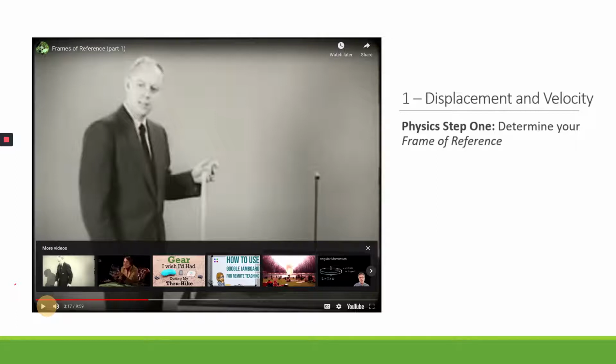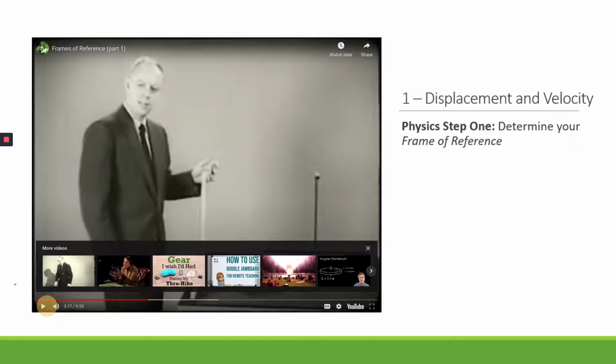Now, if I'm just throwing it to another passenger within the train and all the windows are closed, then no, I do not care about the speed of the train because me, the ball, and the other passenger are all traveling the same speed, so we are in the same frame of reference.